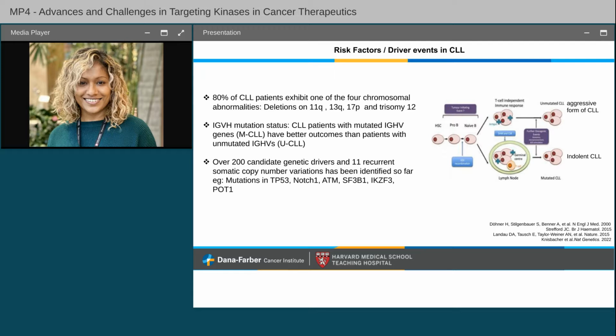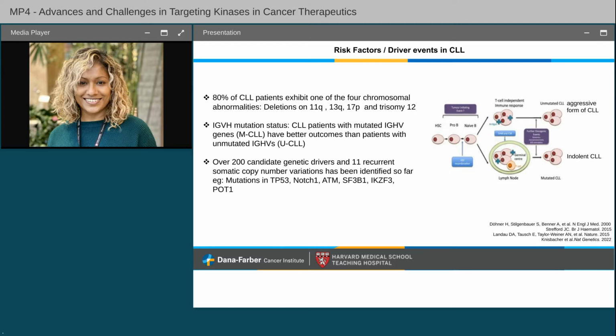So there are two subtypes of CLL, and these can be seen in the schematic on the slide. The subtype that's unmutated, with minimal or no hypermutation in the antibody gene, and the subtype that's mutated, with much more somatic hypermutation. So the IGHV mutational status discriminates between the more mature, genetically stable CLL and the more immature, genetically unstable CLL.